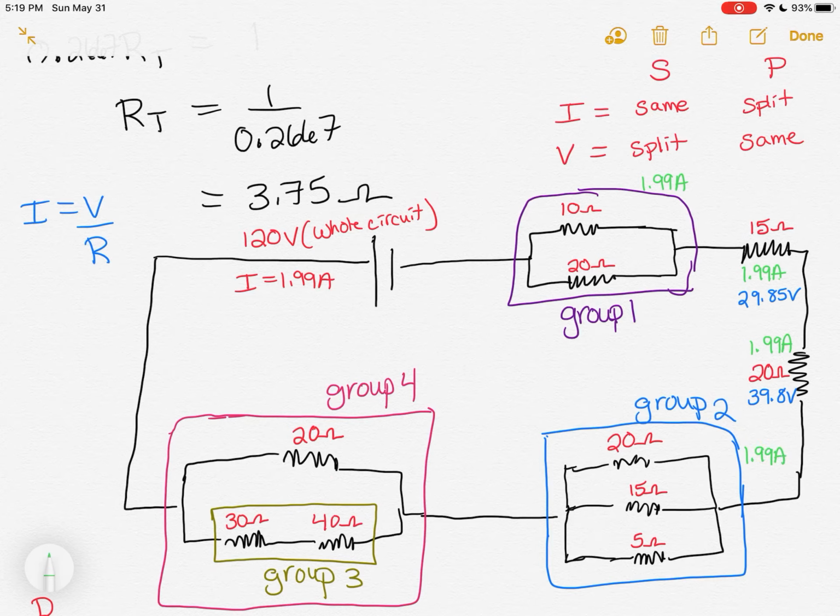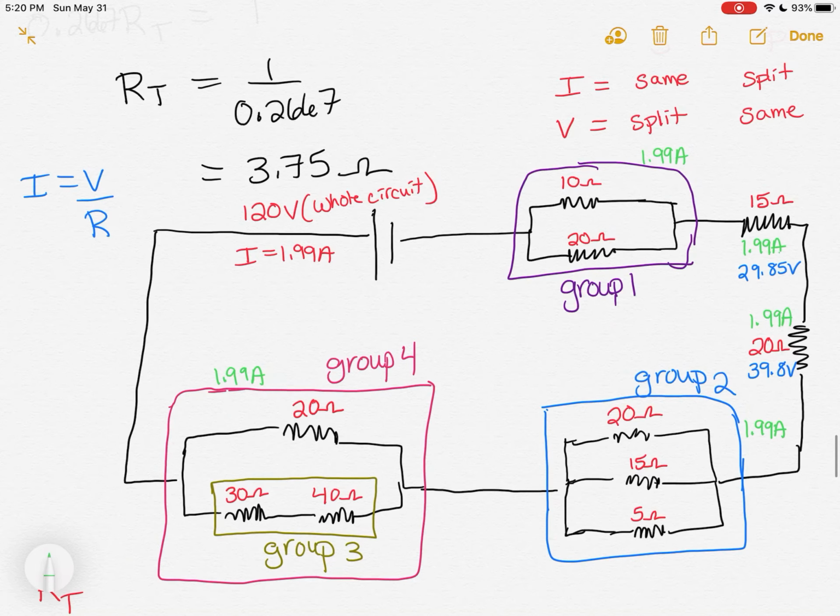We'll have 1.99 amps here. But that is not the current that's going through each resistor. That's the current that's going through the total of the resistors. And then the same thing is true happening over here in group 4. We'll have 1.99 amps. But again, that's not the current going through each resistor. That's the current going through the entire section.